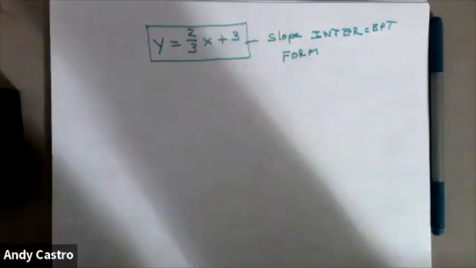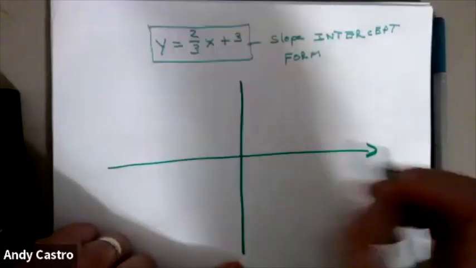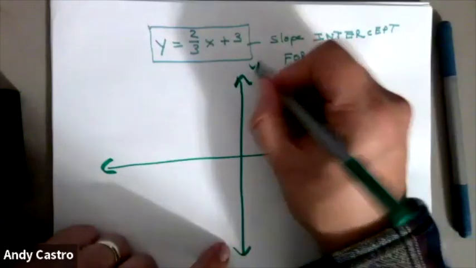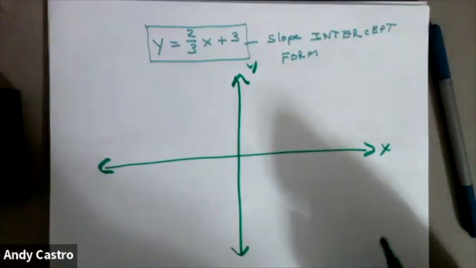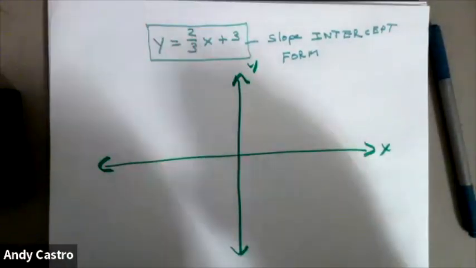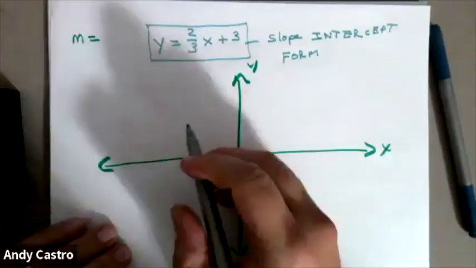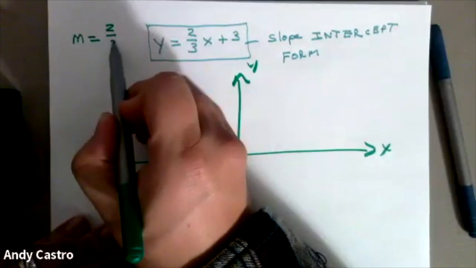All right. Since this is in slope intercept form, there's two things I know automatically. I automatically know the slope without having to calculate it because it's right in the equation, 2/3.